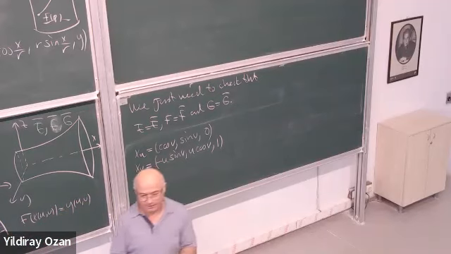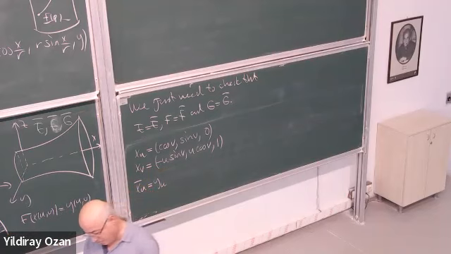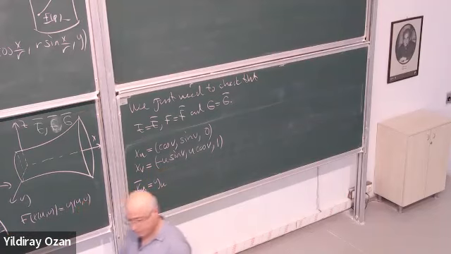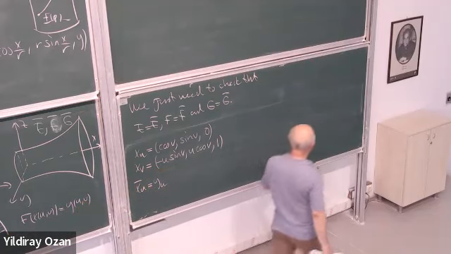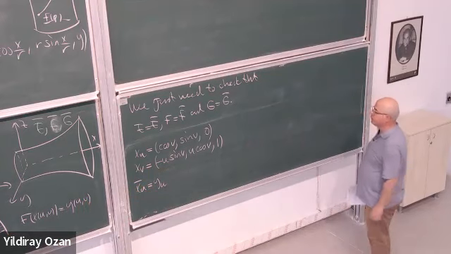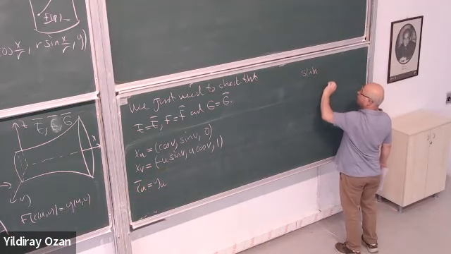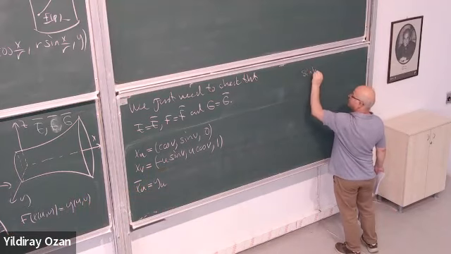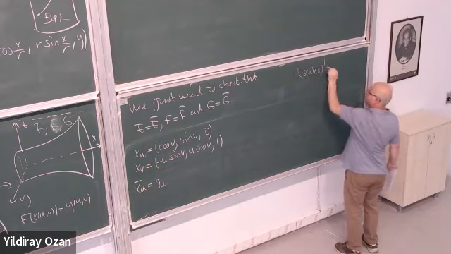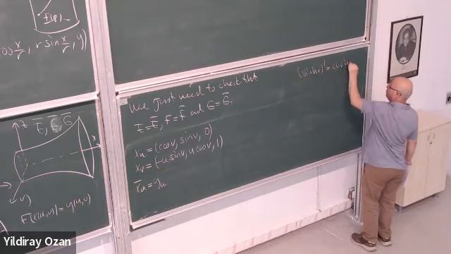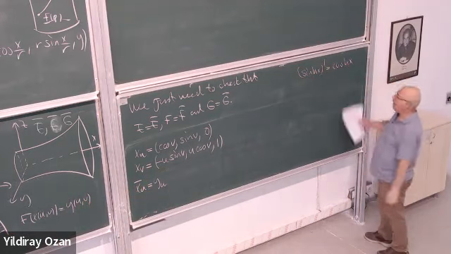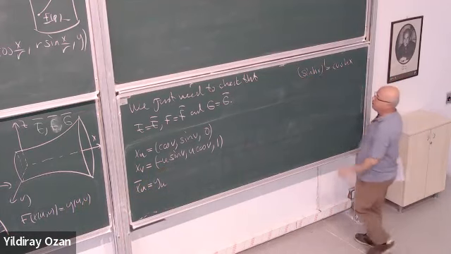Let me check. I don't remember. Well, I didn't write it down. Okay, so let's figure out what's the derivative of sine hyperbolic. What is this? This is just cosine hyperbolic, right?